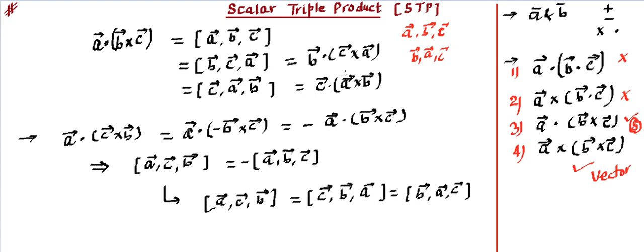Now this can be verified by taking any values of vectors A, B, C. If in the examination, suppose in a written examination board or somewhere, you find that you are asked to prove this, then what we need to do, we will consider A as a vector A1 i cap, A2 j cap, A3 k cap. Similarly, we will be considering the vector B, vector C, right?